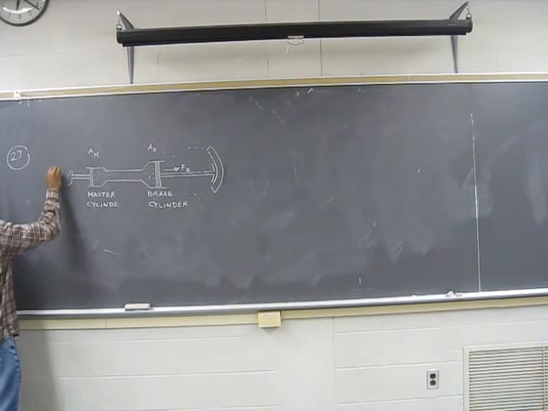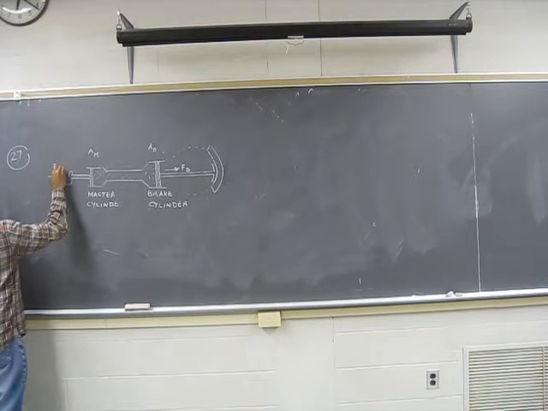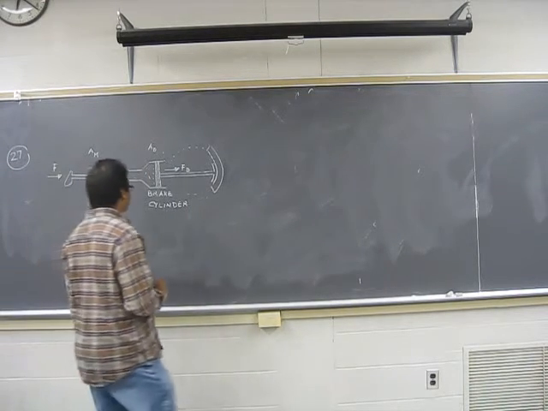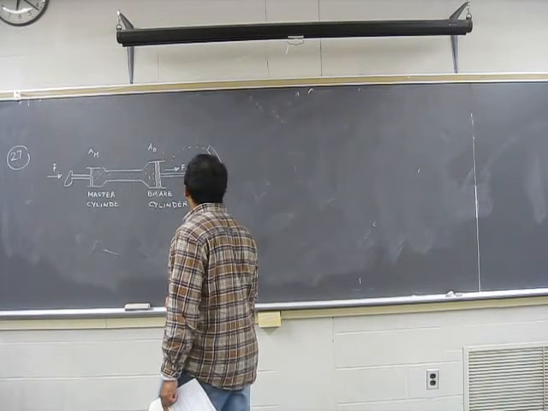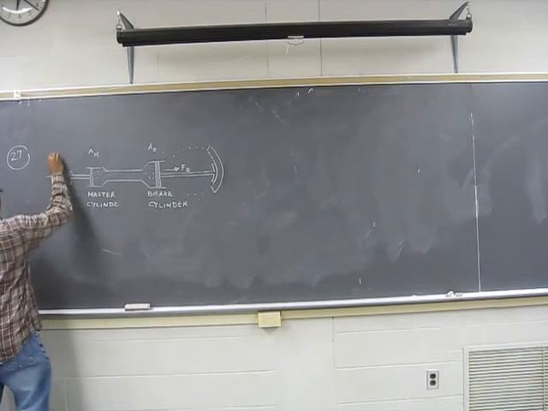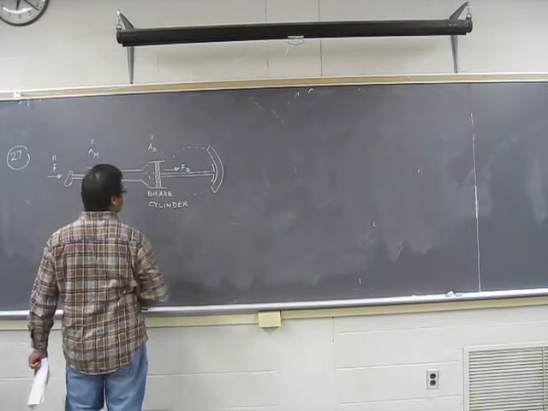Applied force this way, I'm going to call F. Let's put it F because I don't want to put too many acronyms. If you put too many, it's not going to help you, right? So let's put numbers.